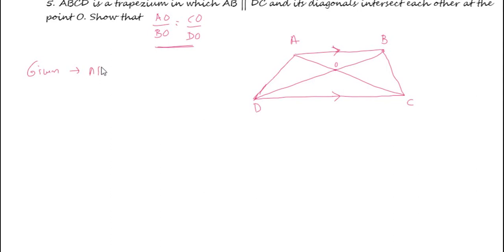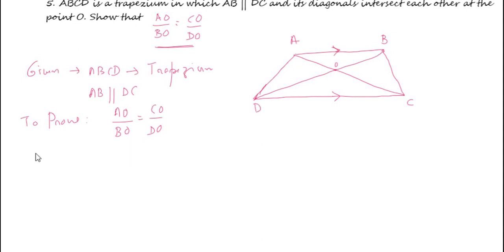ABCD is a trapezium and AB is parallel to DC. This is given. To prove what? We need to prove that AO by BO equal to CO by DO.